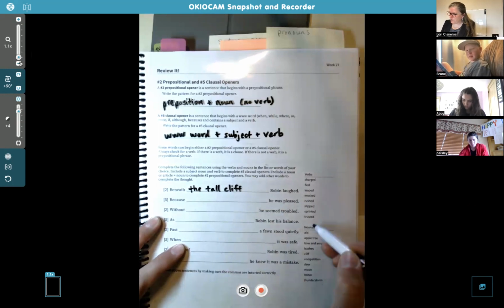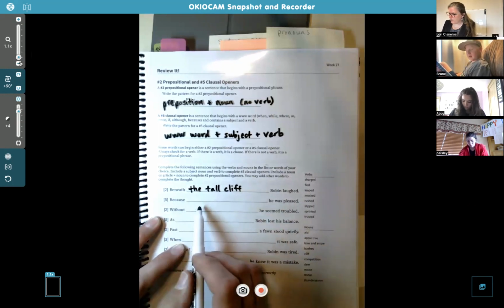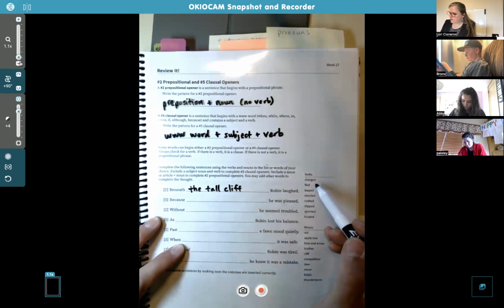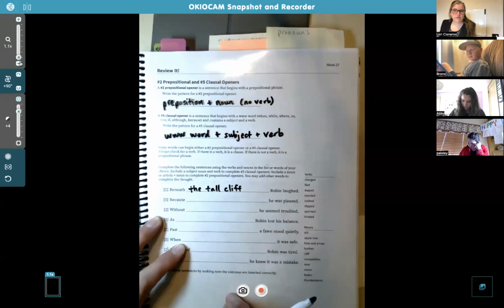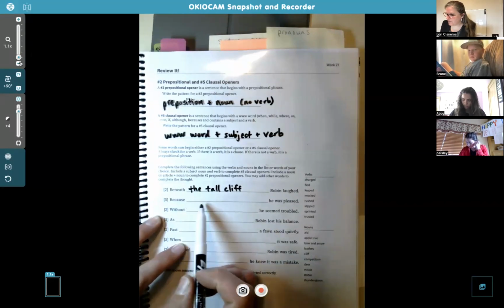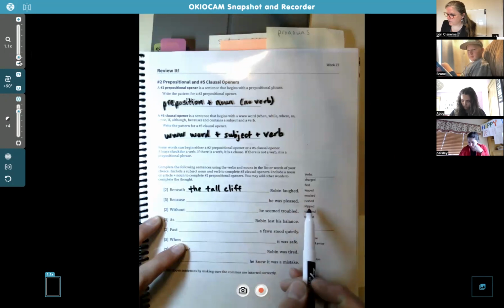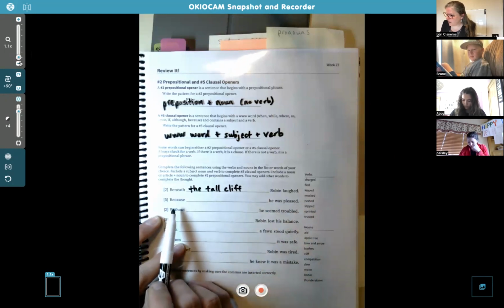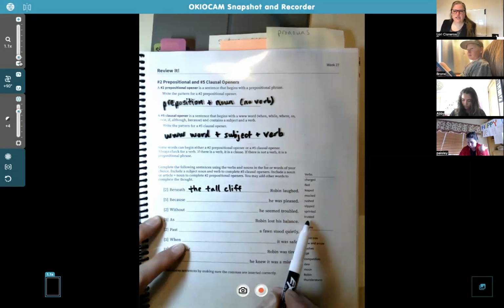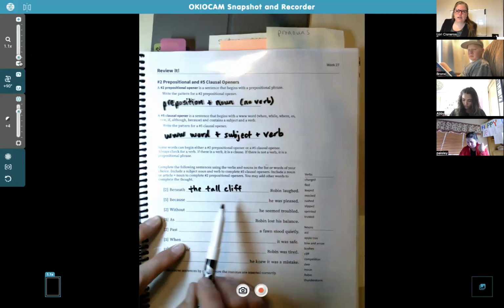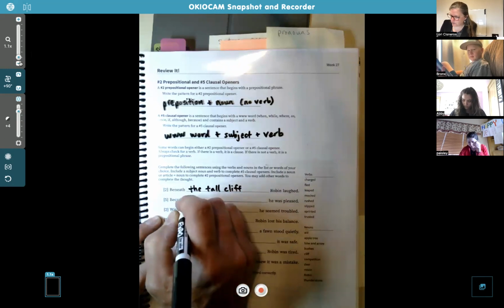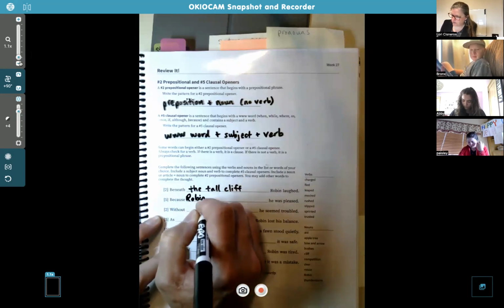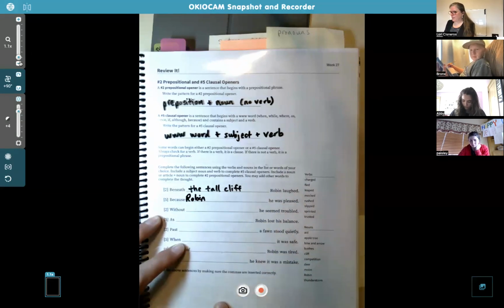So look at the list of verbs here. You're close. Because Robin sprinted across the finish line. We could say that. Because Robin sprinted across the finish line, he was pleased. Or because Robin trusted a friend, he was pleased. So you see where I'm going with that. Robin is the subject. We can put that part in. So what else can we add here?